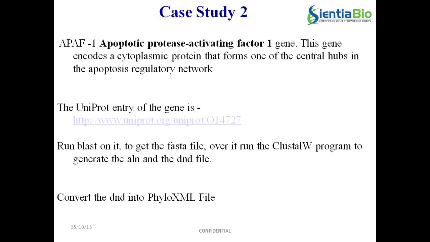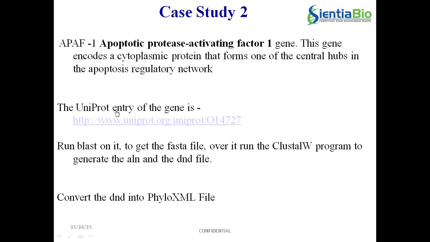To showcase this, I'm going to take another case study of a gene called APAF, apoptotic protease activating factor, which encodes a cytoplasmic protein that forms one of the central hubs in the apoptosis regulatory network.